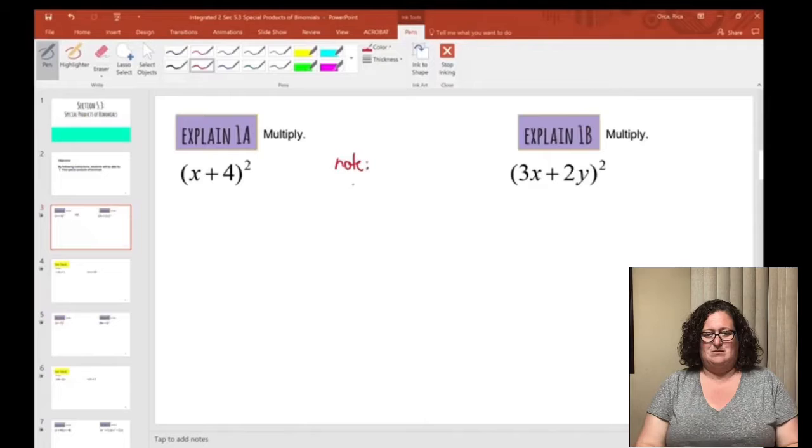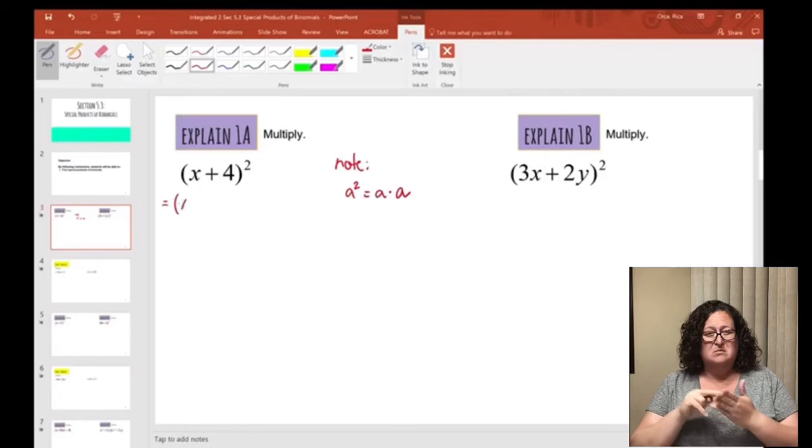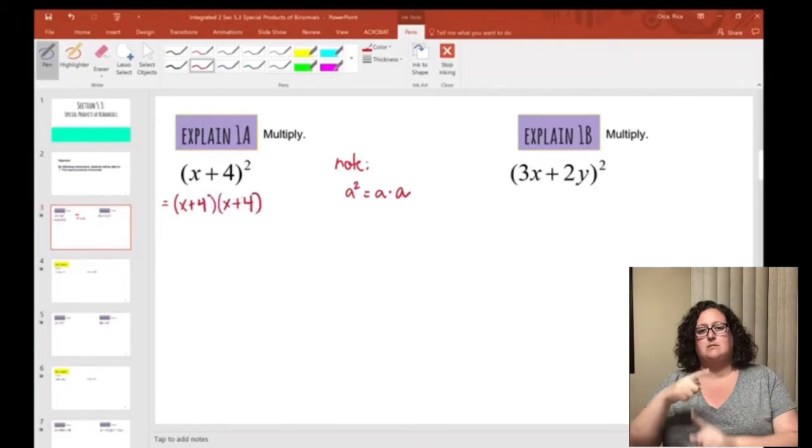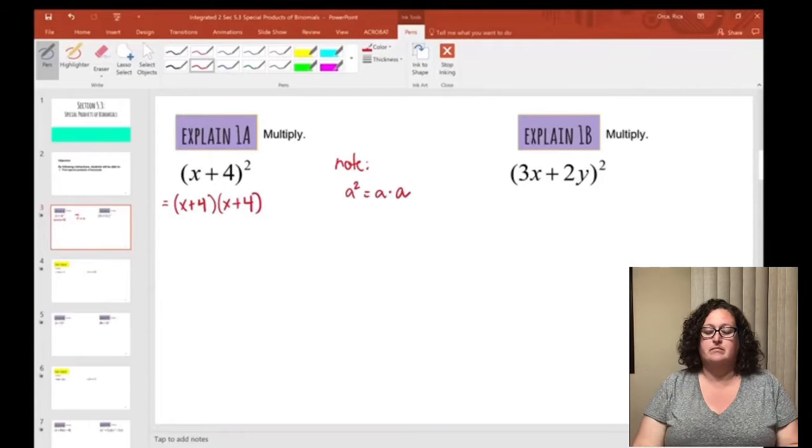Note, we know that a squared is equivalent to a times a, which means that x plus 4 squared is x plus 4 times x plus 4. Let's go ahead and use the box method to solve this problem.